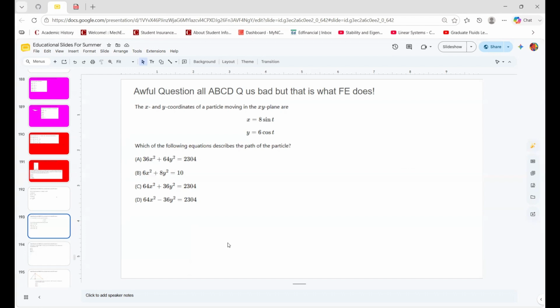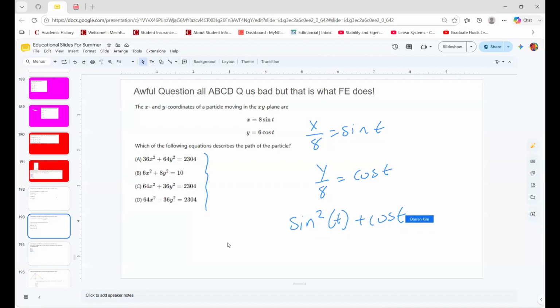So x divided by 8 equals sine t, and y divided by 8 equals cosine t. And then you just plug into here to see if you get any of these. I hope this one's not a mistake, honestly. What you do is, because it's a path, you're going to do sine squared t plus cosine squared t equals 1.